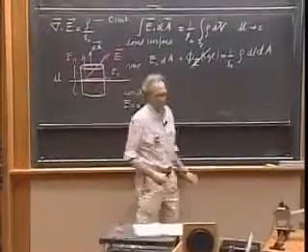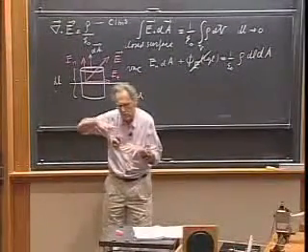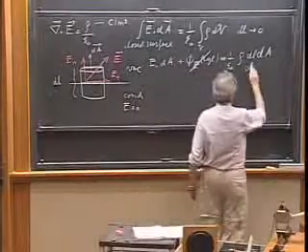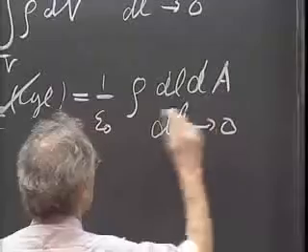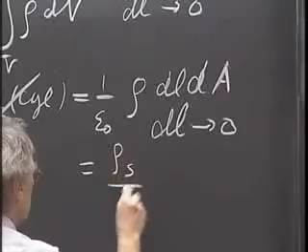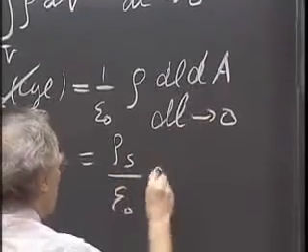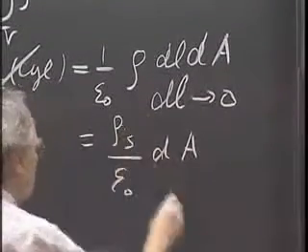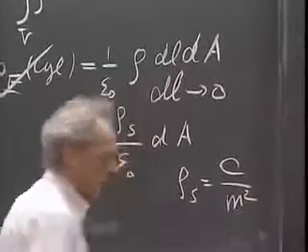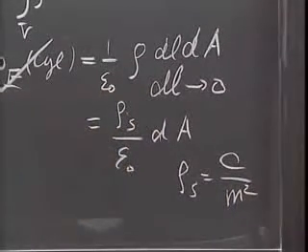And that is rho of s, how much charge there is per square meter on that surface. And so in the case when dl goes to 0, this does not go to 0, but this becomes rho s divided by epsilon 0 times that dA. And this rho s now is coulombs per square meter. So that is the surface charge density.